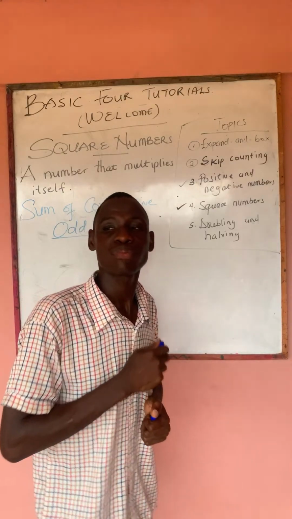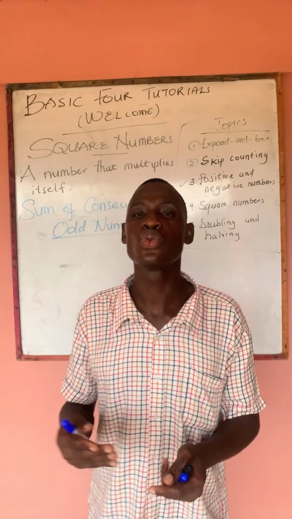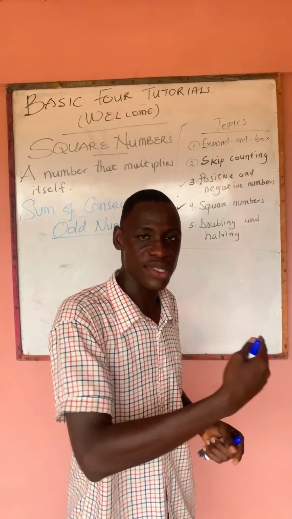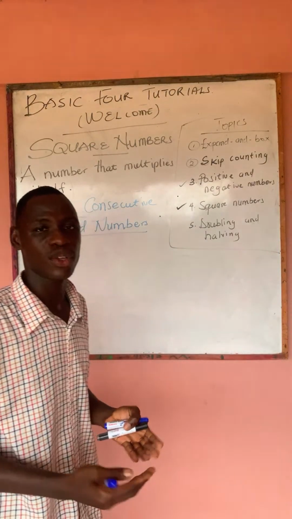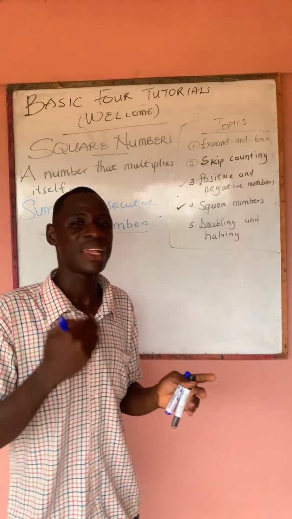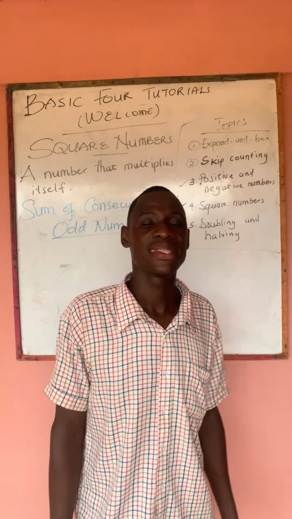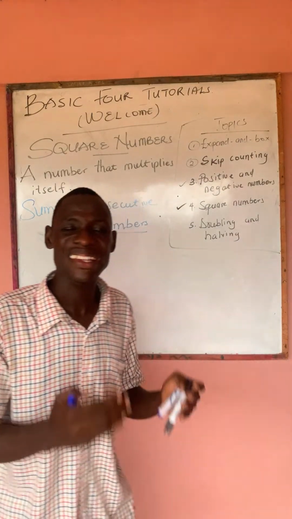For example, if I start reciting numbers, 1, 2, 3, 4, 5, 6, you see, it is in a consecutive order. That's what we mean by consecutive. None of them is skipped. As soon as I start reciting 1, 10, 7, 13, 50, you see, it has no order.